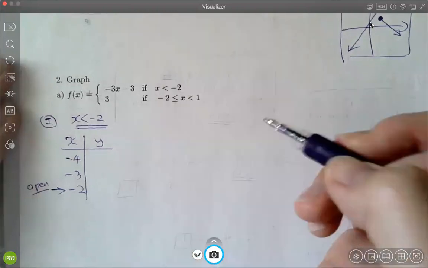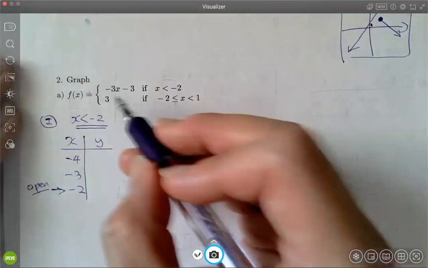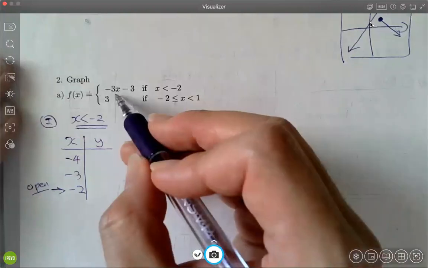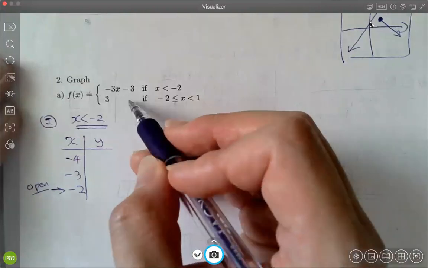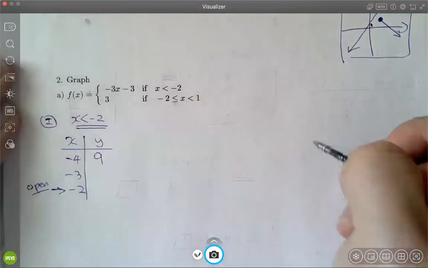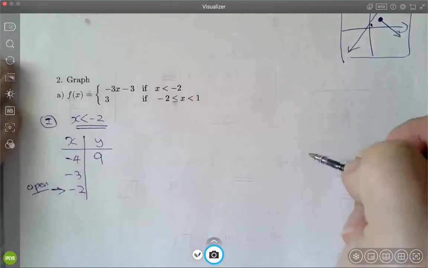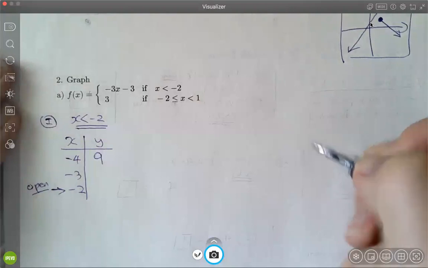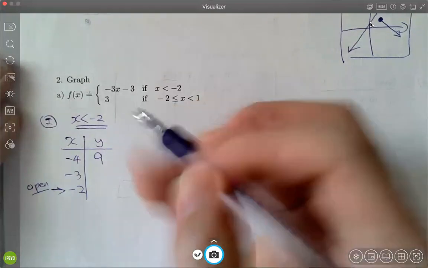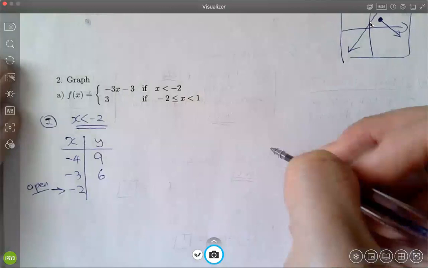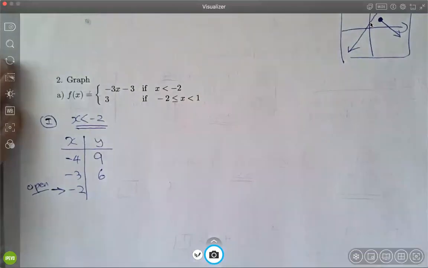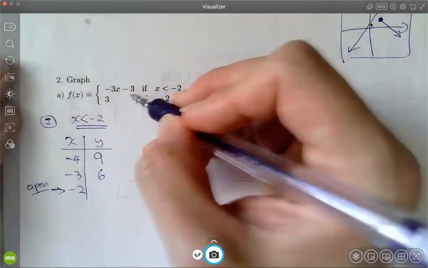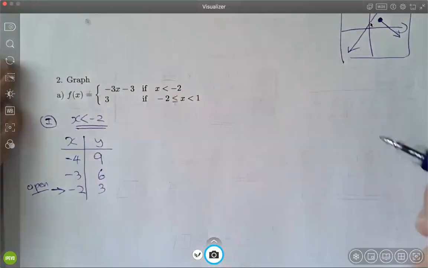Okay, so now when x is negative 4, what's the value of y? It's positive 12 minus 3, so that's what, 9, right? And when x is negative 3, the y is 9 minus 3, so that's 6, right? And now, if x were negative 2, what would be the y value? 6 minus 3, so 3 would be the y value, right?